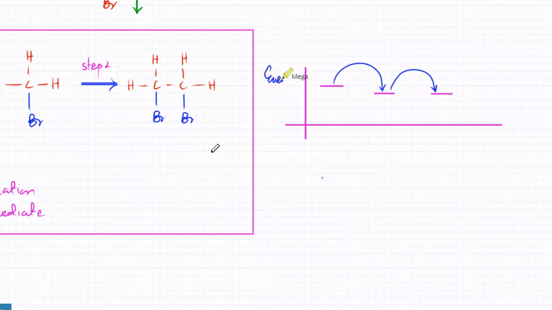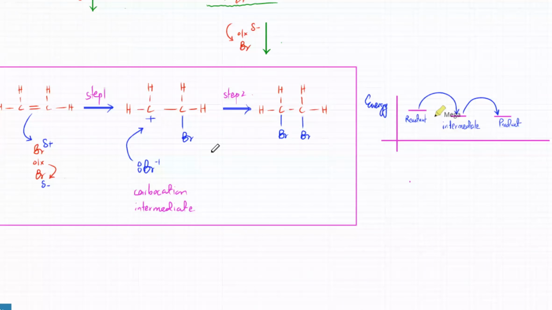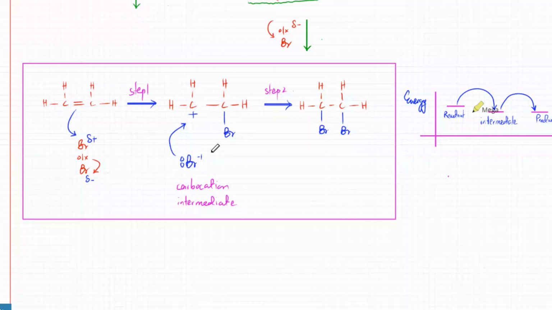We don't know which one is exo, which one is endo, but I'm just drawing a rough sketch. You'll have your reactants, so that's R. You'll have your intermediate, and then you have your product. So it's a proper 2-step reaction. Is that clear?